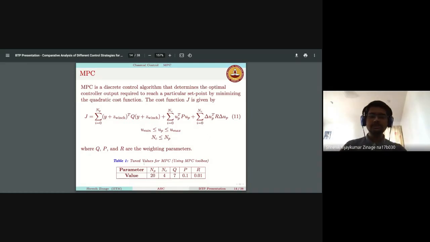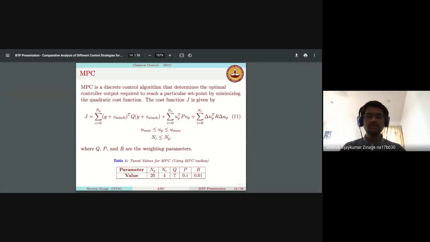So in this, I used the MPC toolbox in order to find Q, P, R, and NC and NP values. Over here, I set Q as 7, P as 0.1, and R as 0.01. That is indicative that I'm giving more weightage to the compensated motion.